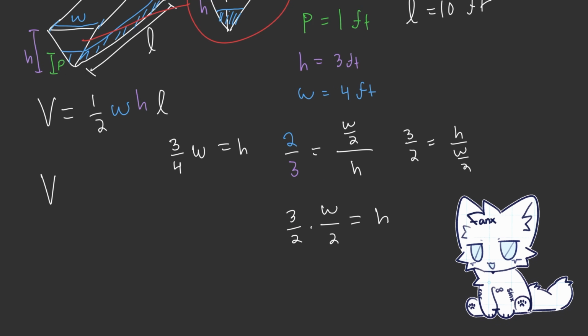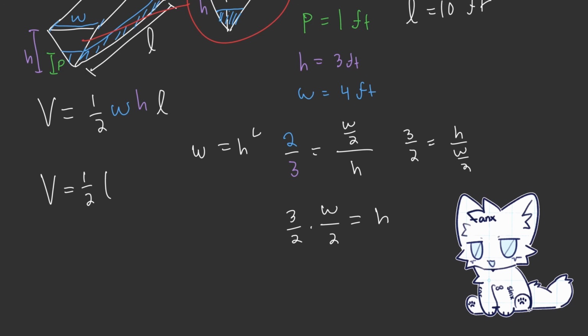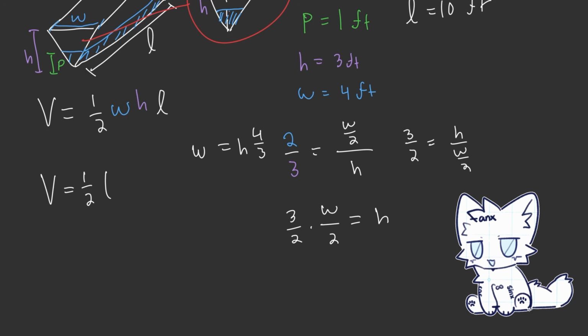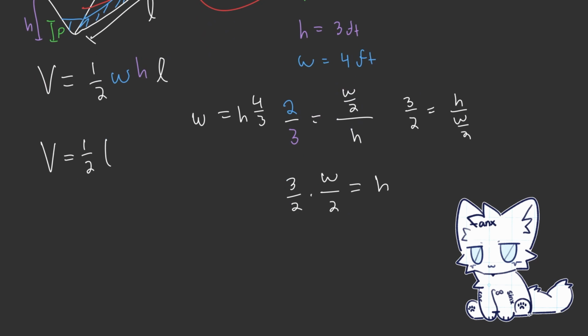That would be V is equal to 1/2, let's isolate, let's move this to the other side. So the width would be 4/3 times the height. We want to get rid of this width to get it in respect to the height. How fast is the water level rising? That relates to the height. So V is 1/2 times 4/3 times the height times the length.